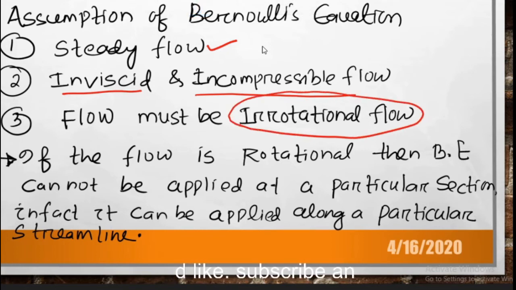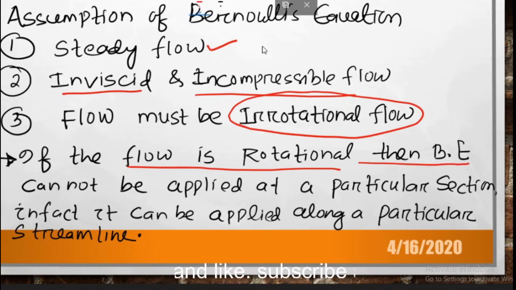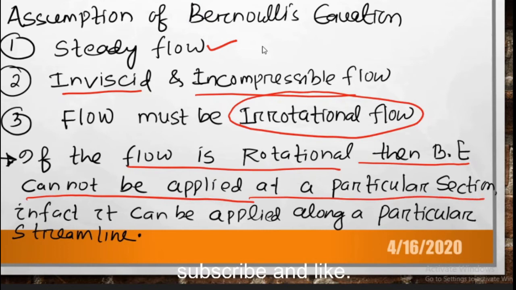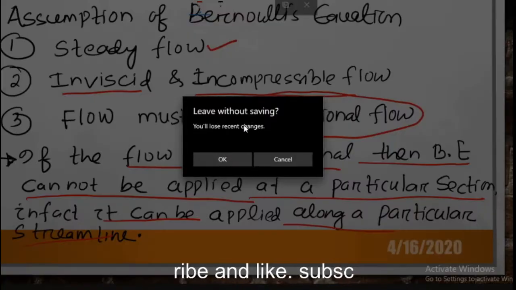That you have to remember. The flow must be irrotational. So here I have clearly written, if the flow is rotational, then the Bernoulli equation cannot be applied at a particular section. Rather, it can be applied along a particular streamline. So if the fluid is rotational, then the Bernoulli equation can only be applied along a particular streamline.